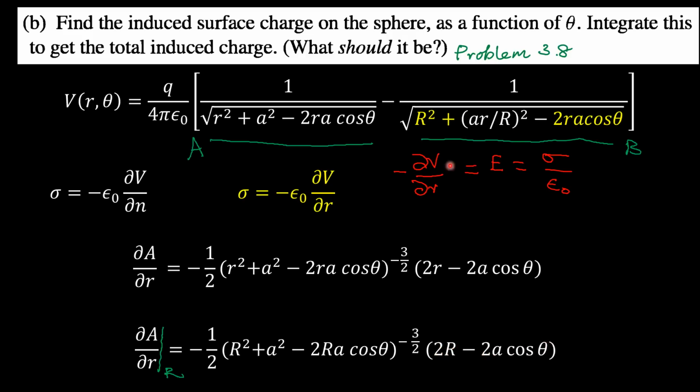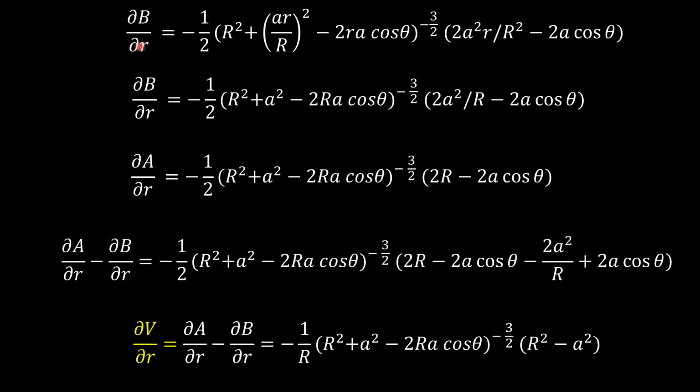In a similar way, we will find out dP over dR. We get dP over dR equal to half, times the expression capital R squared plus a squared r squared over capital R squared, minus 2 r a cos theta. This is the denominator in the second term, which is a square root of this one. If you differentiate this, you will get minus, and power minus 3 by 2.